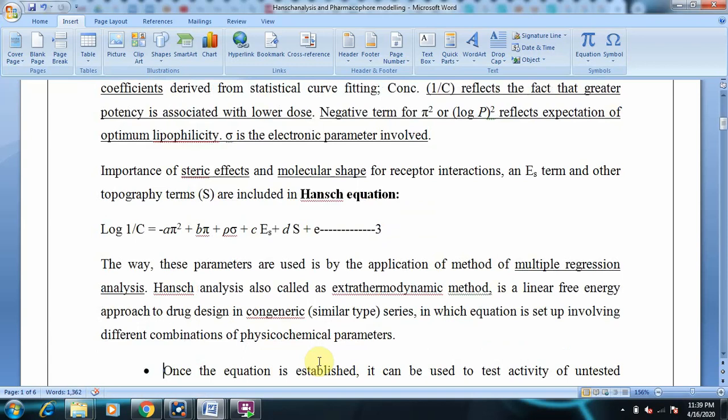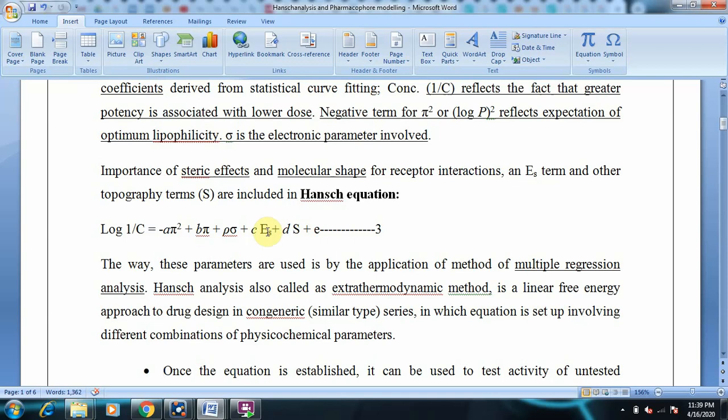So what are these? Pi, as we have defined earlier, is the hydrophobic constant and sigma is the Hammett constant or electronic parameter, and Es is the Taft steric constant, and S is the topography term.